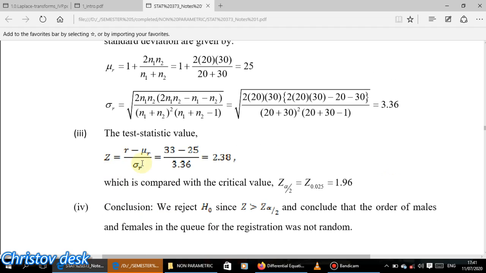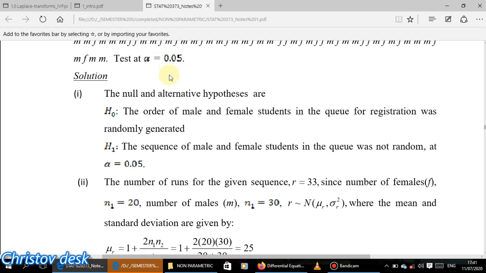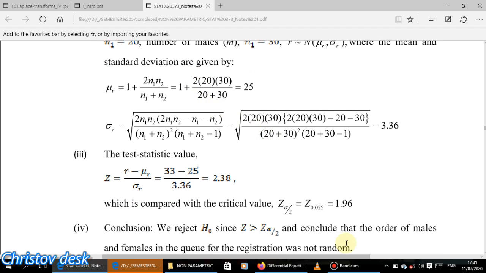So our test statistic is R minus the mean. Our R, the number of runs, was 33, minus 25, over 3.36, which gave us 2.38. Now we compare that with the critical value z alpha on 2. Remember alpha was given in the question as 0.05, so on 2 means 0.025, and the value is 1.96.